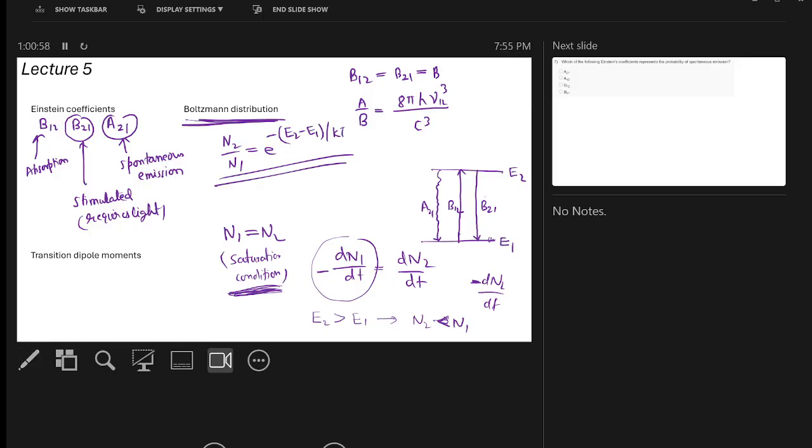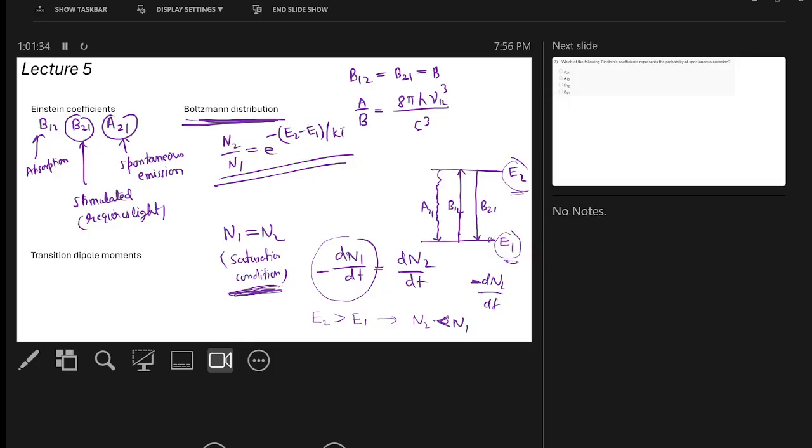And the third one is, to take any transition from a state psi1 to a state psi2, the transition dipole moment. First of all, this transition can be treated using time-dependent perturbation theory. Secondly, the transition dipole moment for the transition from a state psi1 to a state psi2 must not be equal to 0, otherwise there will not be any transition.